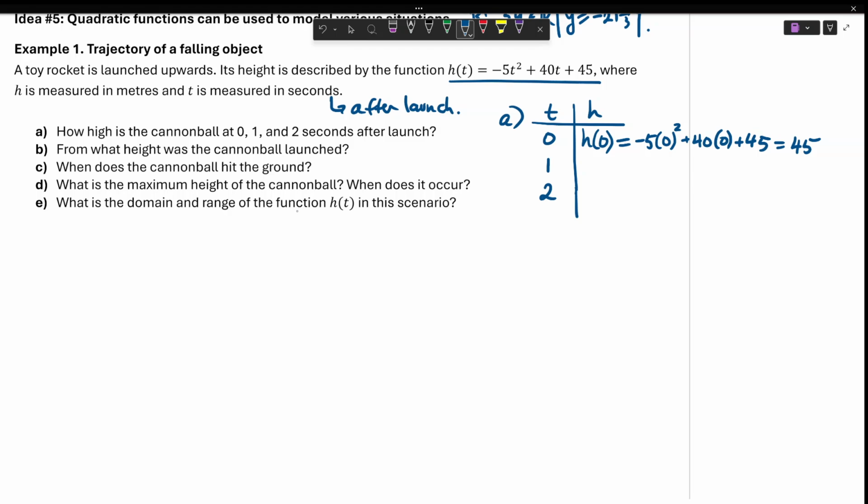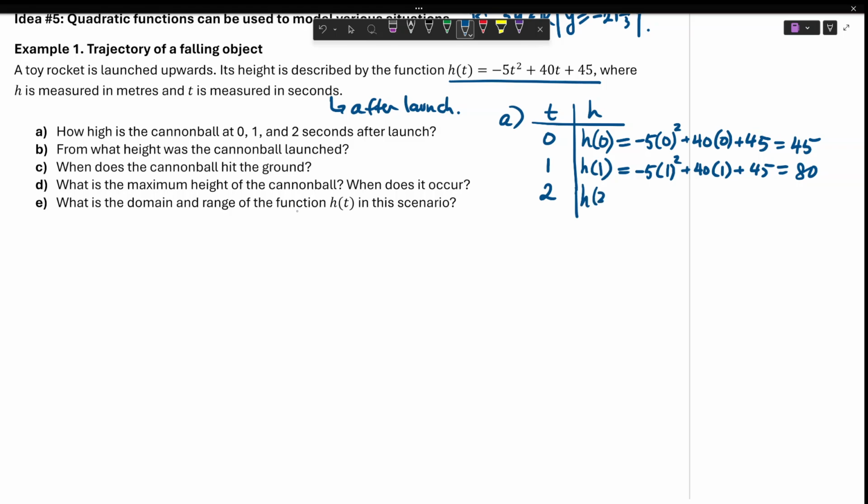Okay, maybe it's being launched off a building. Then t equals 1. Again, you're going to put in h of 1 and evaluate. Using a calculator, you're going to get 80 meters above the ground.